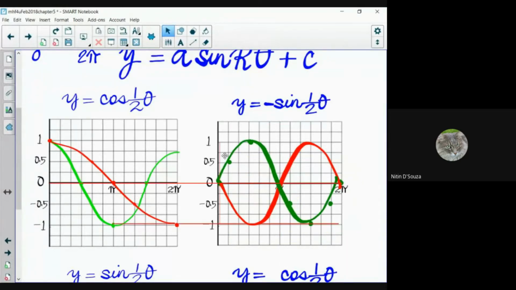So there's my original sine theta. And there's my reflected sine theta. Okay. Why did I do that? Because I know that I've done minus sine theta now.